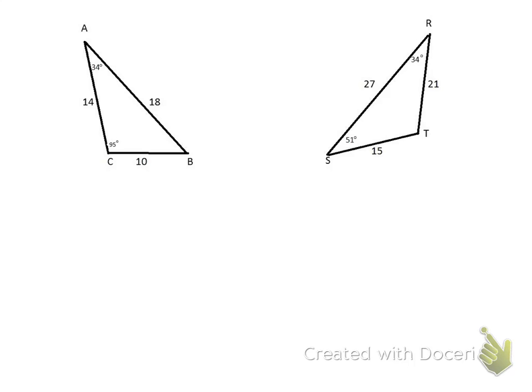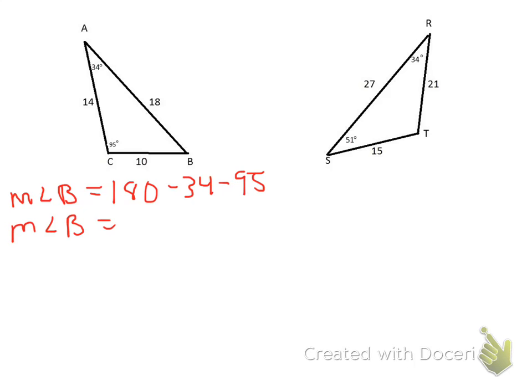Well, angle B would be 180 minus the other two angles, 34 and 95. So the measure of angle B turns out to be 51.